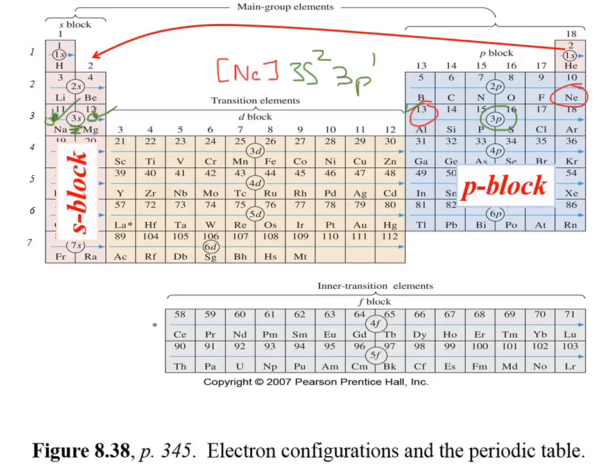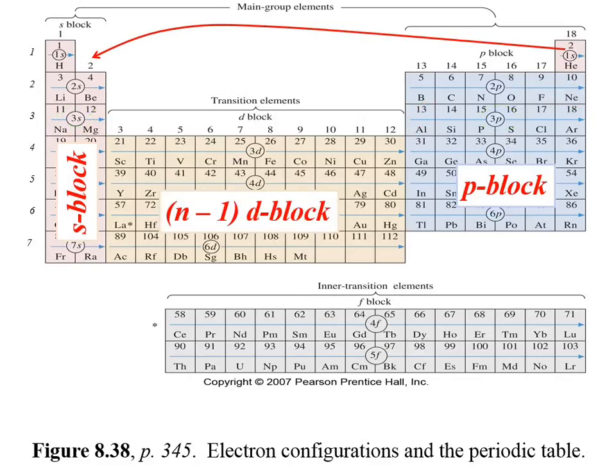The tricky part comes when you cross the transition elements, the transition or the inner transition. So these guys, these tan guys right here, are D block elements. So as we are finding homes for electrons, we will be adding D type electrons. But notice it's not N, it's not the period, it's N minus 1.